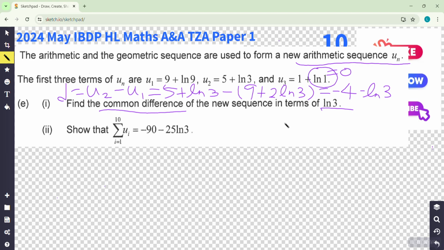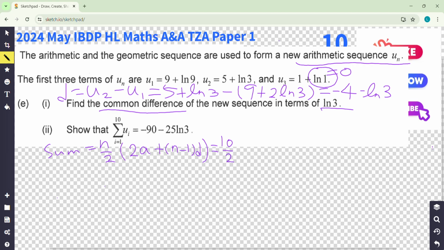Next one. Oh, summation, sum of arithmetic sequence. So you remember sum equals n over 2, number of terms, and then 2a, first term, plus n minus 1 d. That's the equation. So substitute. n is 10.